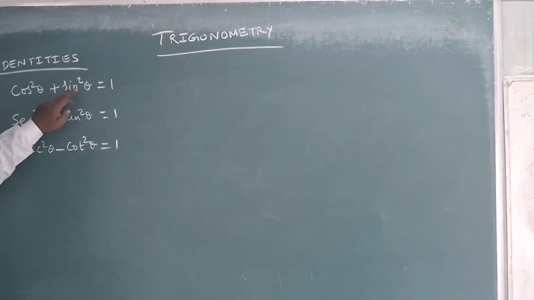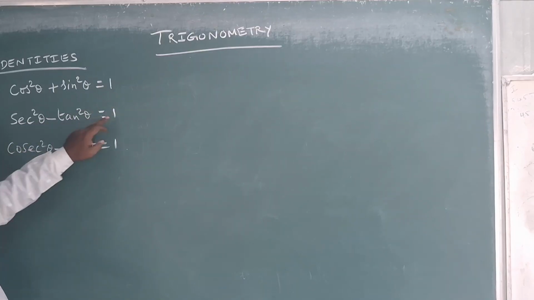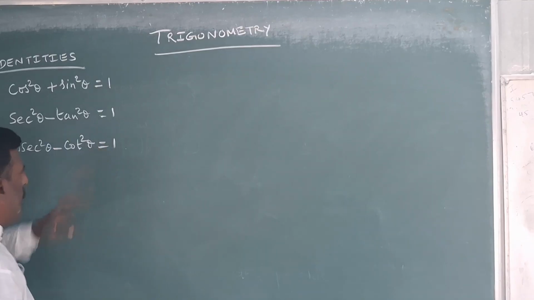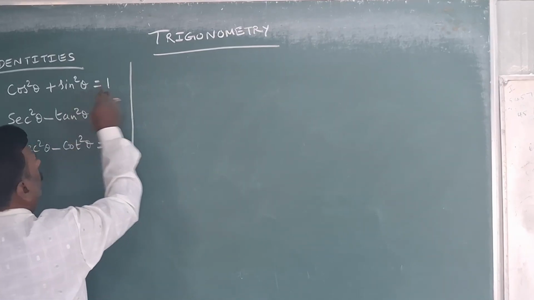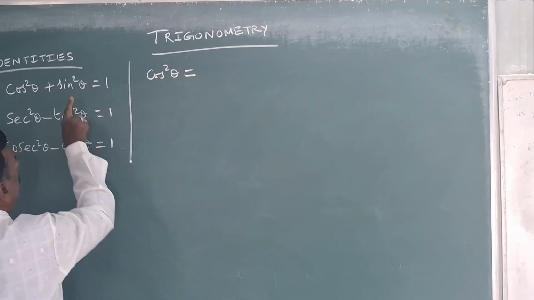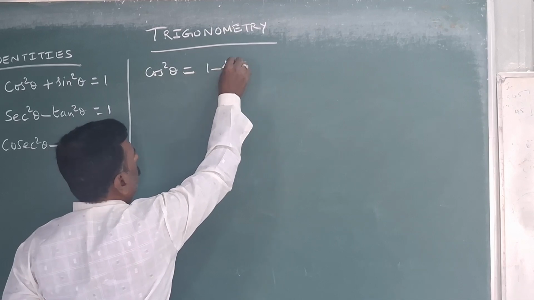Cos square theta plus sin square theta equal to 1, secant square theta minus tan square theta equal to 1, cosecant square theta minus cot square theta equal to 1. From these three identities, if you need cos squared theta, then it becomes 1 minus sin squared theta.